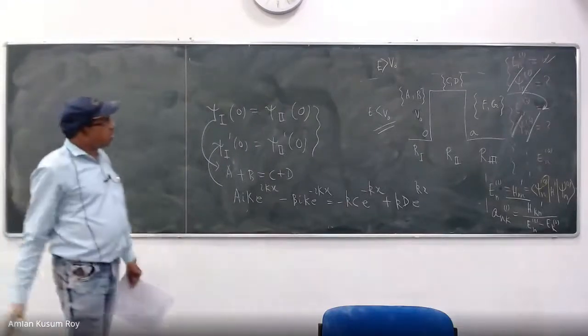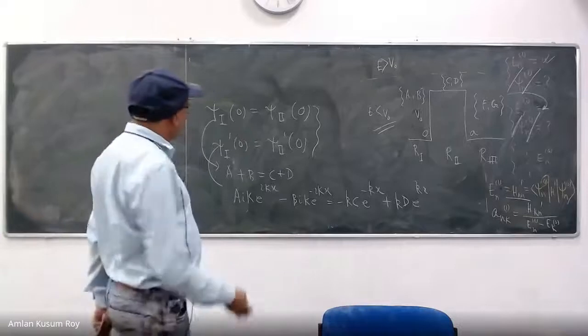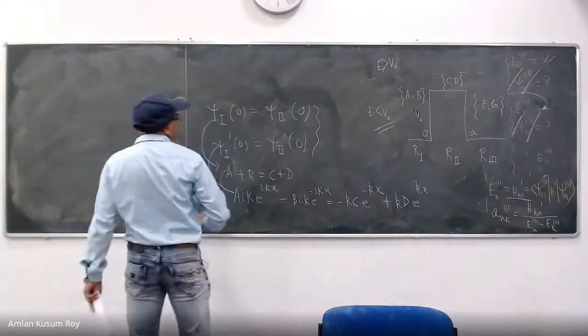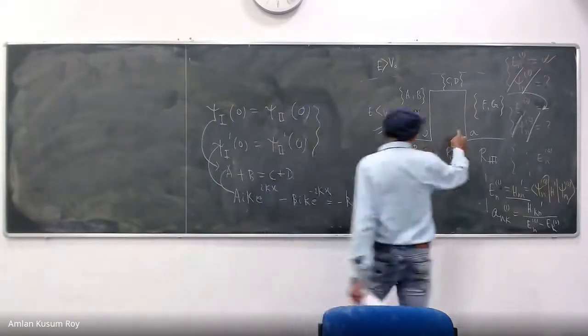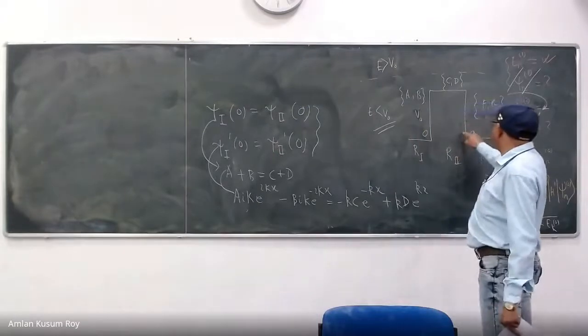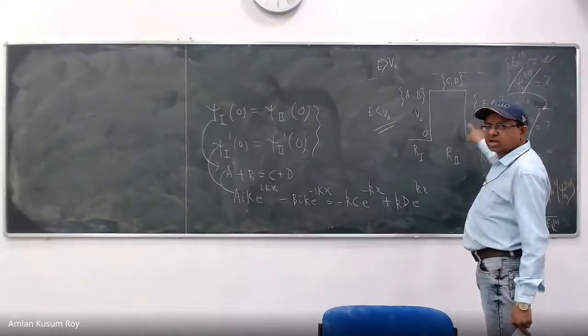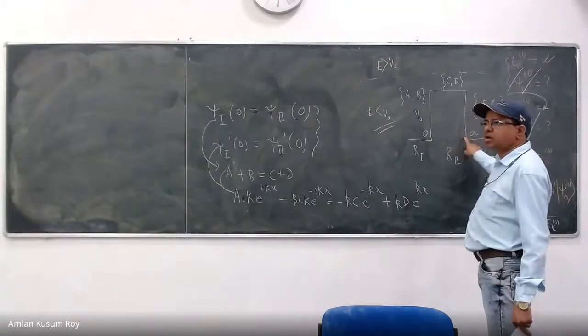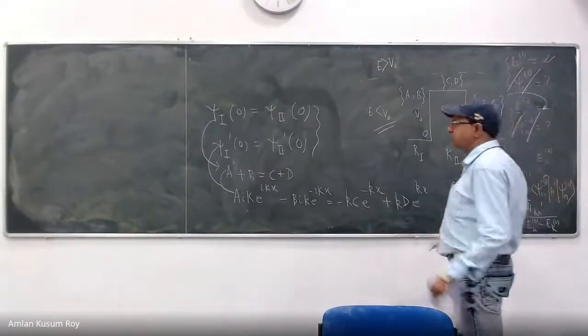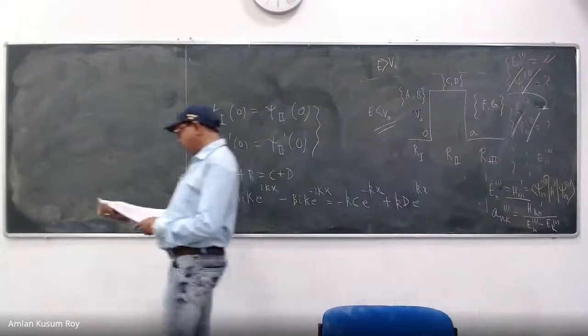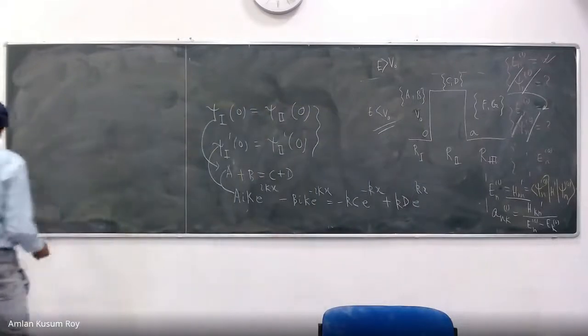So I got two conditions and their corresponding equations are here. Similarly, I need to do the same on this side. So psi 2 at x equal to a is equal to psi 3 at x equal to a, and psi 2 prime at x equal to a is equal to psi 3 prime at x equal to a. Those two equations will give you more.